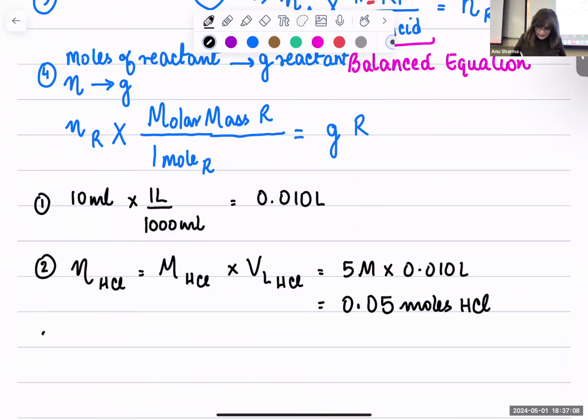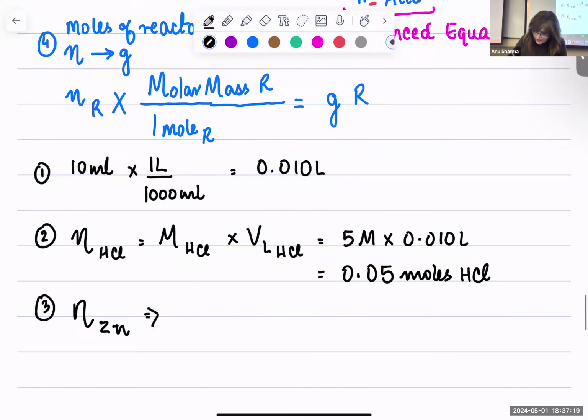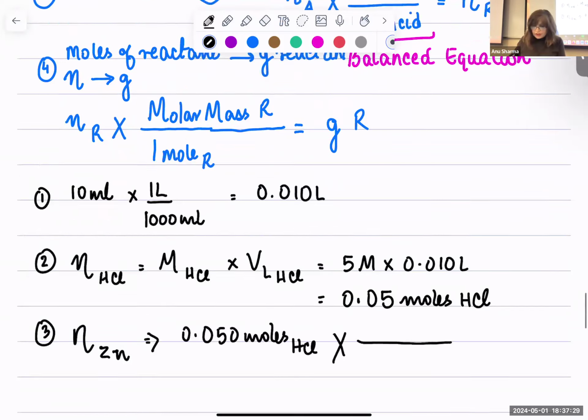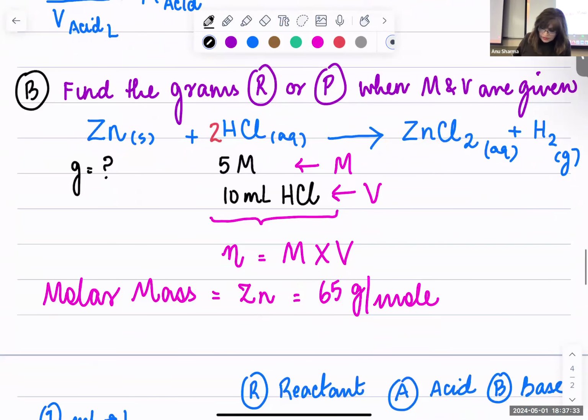Now we need to find the moles of zinc. This is zinc, right? We need to find the moles of zinc. So what will we do? We are going to take the moles of HCl, which is 0.050 moles of HCl times what? Mole to mole ratio, from the balanced equation. So what is that ratio?